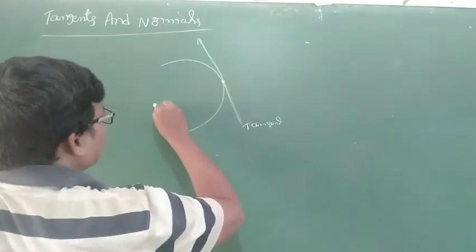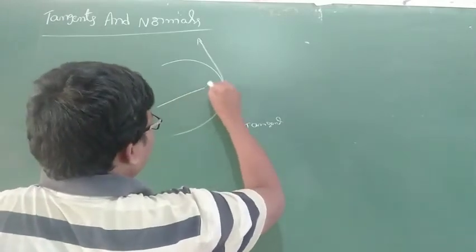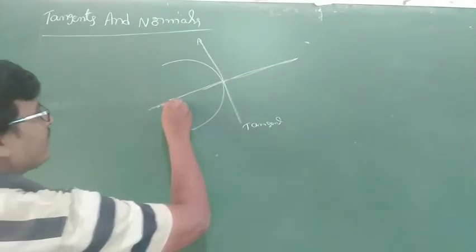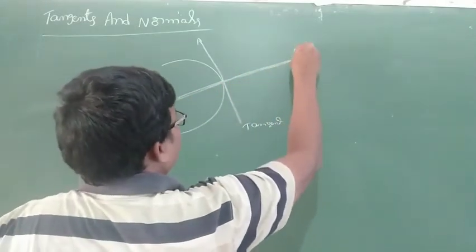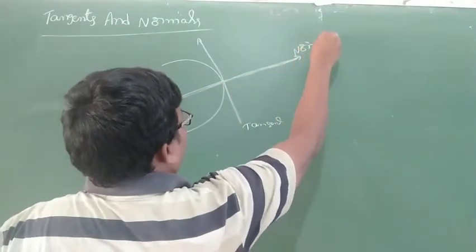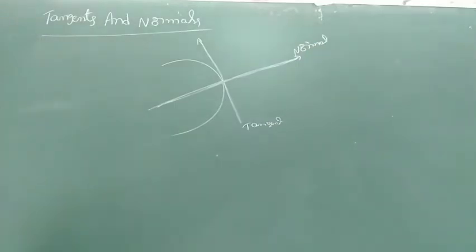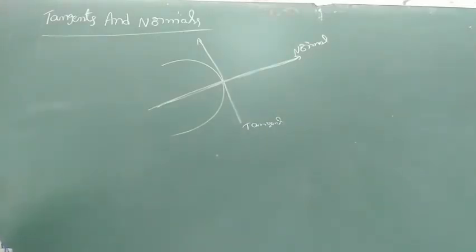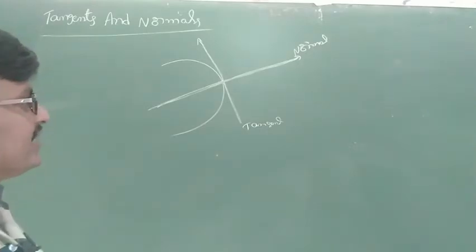Normal means the perpendicular to the tangent, perpendicular to the tangent and passing through the same point. This is called the normal line. A line touches the curve at any point, so that line is called the tangent line.